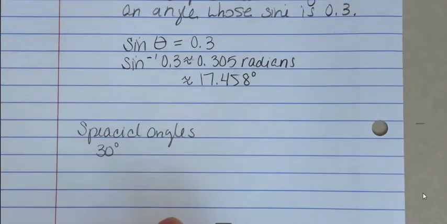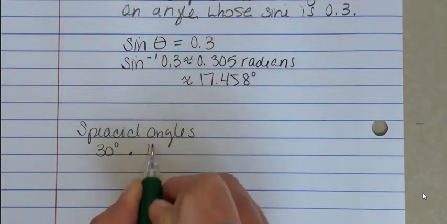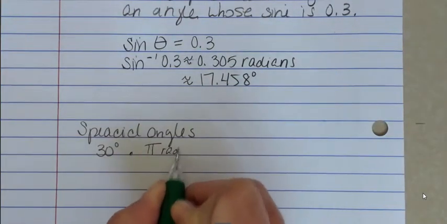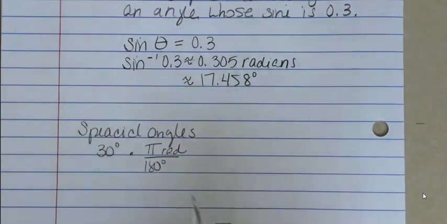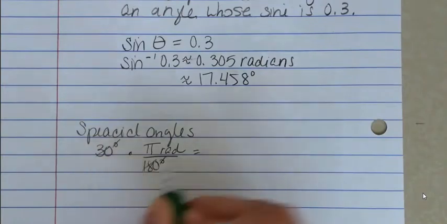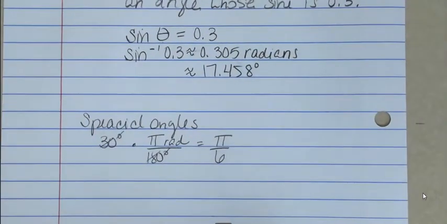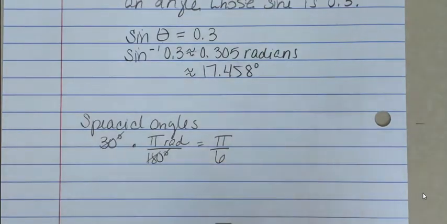So 30 degrees is actually what in radians? To get to radians, 30 degrees, I'm going to do pi radians over 180 degrees. And then if I reduce these, I get pi over 6.